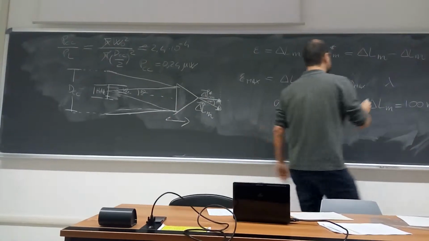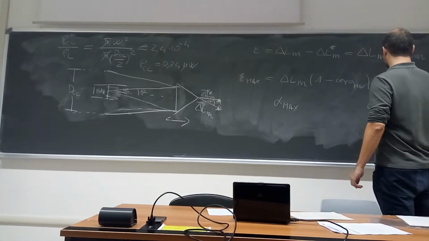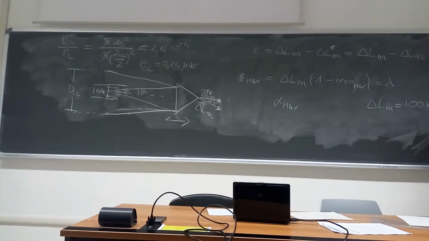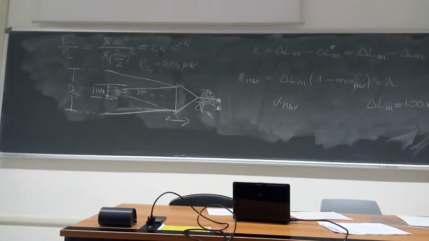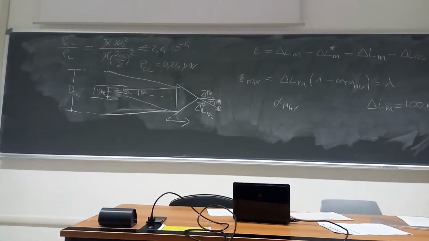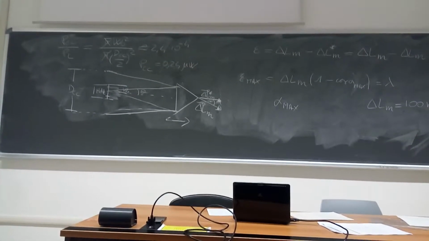Okay. And you can equate this quantity to the wavelength, because the exercise asks you to find out what is the maximum misalignment by which the error is lower or equal to a wavelength if our target is moving of 100 millimeters. Okay?